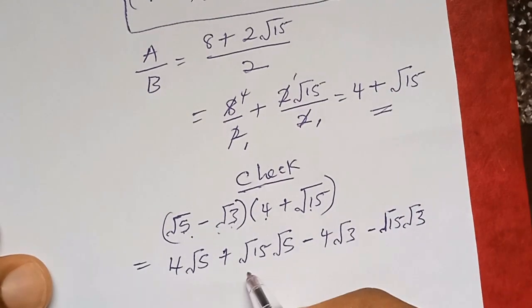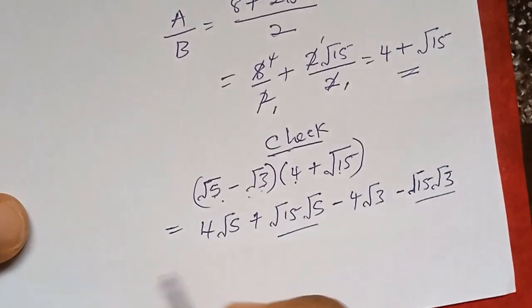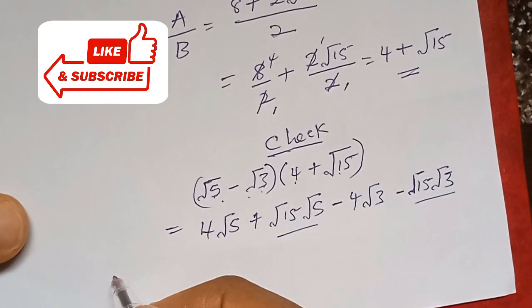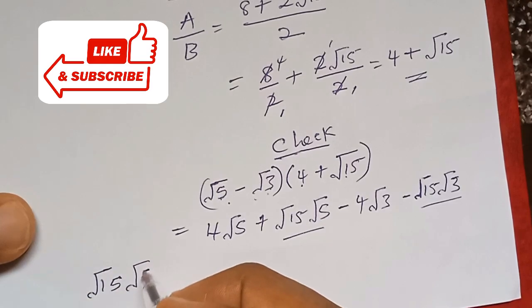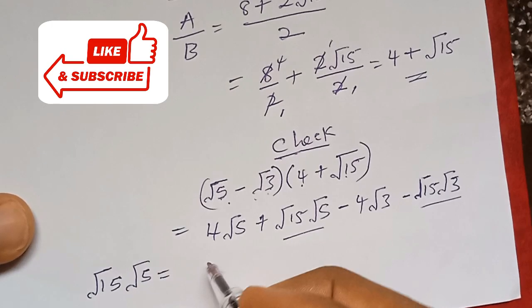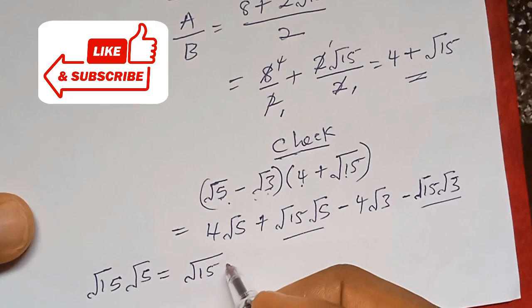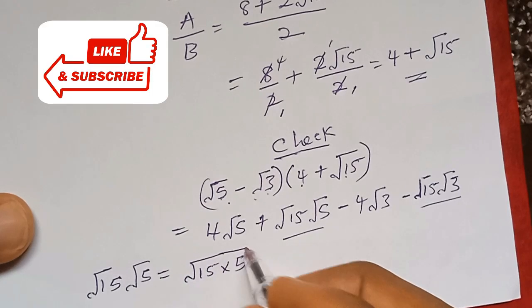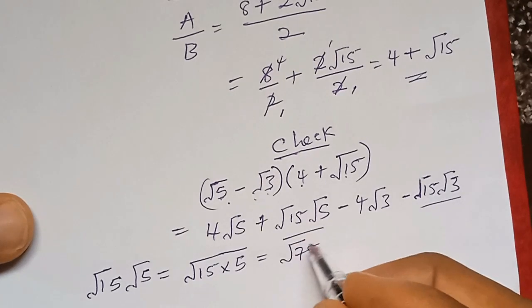So this expression can be further simplified to its lowest term. So let's simplify that as well. So we have square root of 15 times square root of 5, which can be expressed as square root of 15 multiplied by square root of 5, which gives us square root of 75.